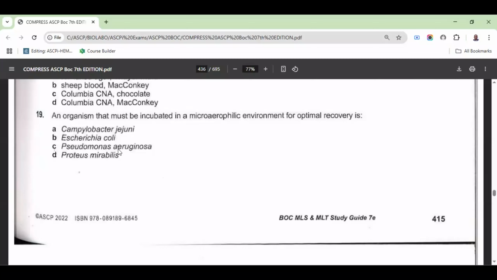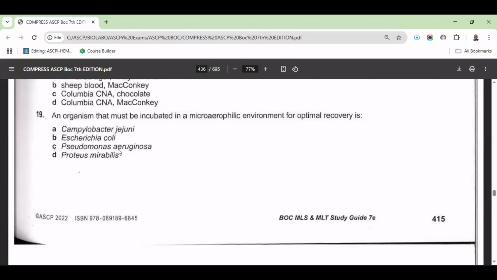What about Pseudomonas aeruginosa? No, don't worry. It is Campylobacter, not Pseudomonas. We are trying to confuse you. Pseudomonas aeruginosa is purely aerobic.